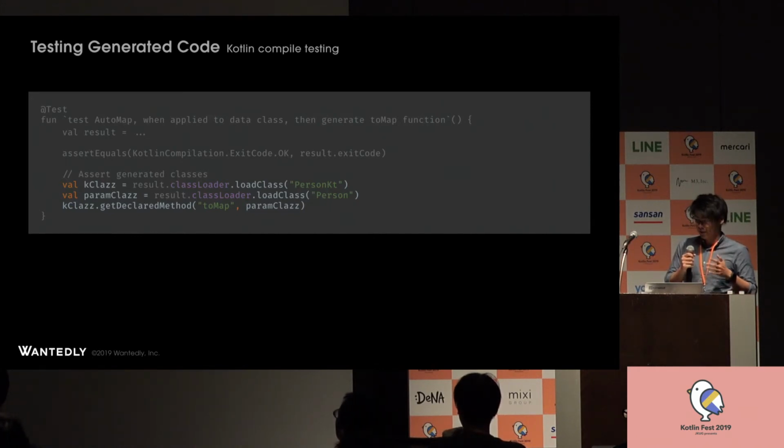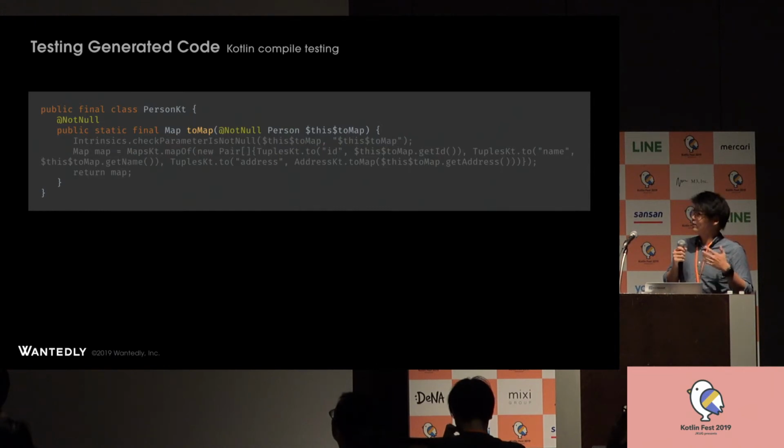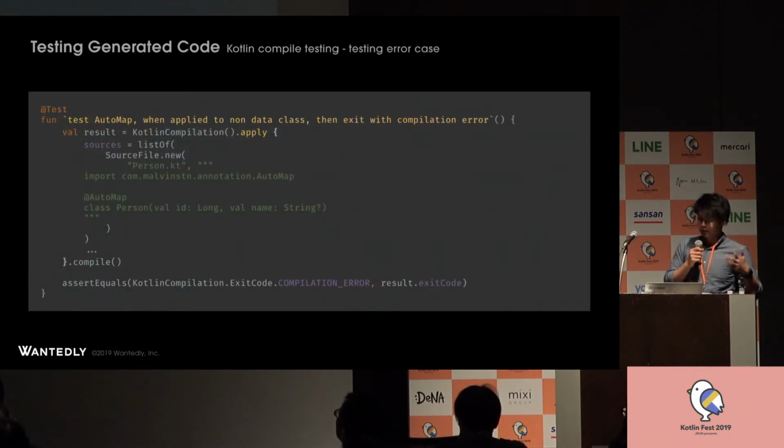However, since this will load the compiled classes and our Kotlin extension function will become a static function inside a class file in Java, we will have to check against this class instead. And also with this method, as I mentioned before, we can test the error case of our annotation processor.